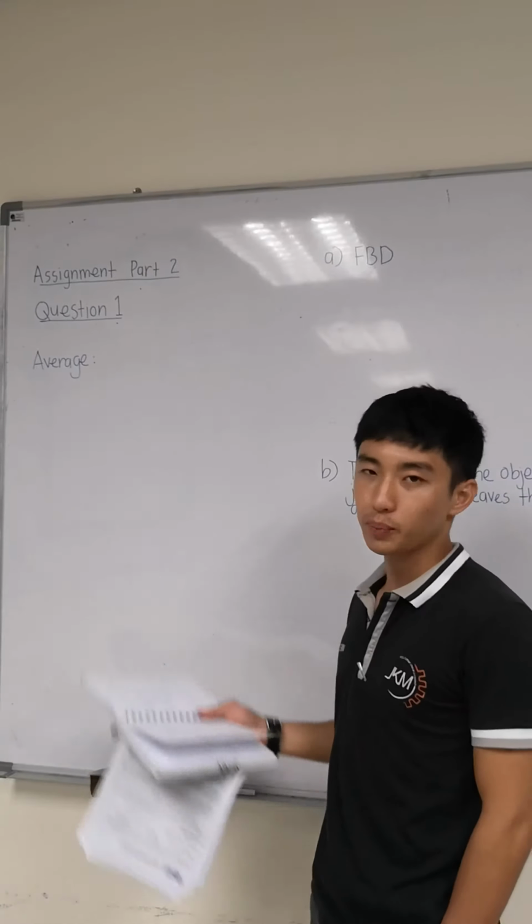Let us substitute the values. xB is equal to 0, and vB we got from the previous question, which is 7.004 meters per second, times cos 20 degrees.